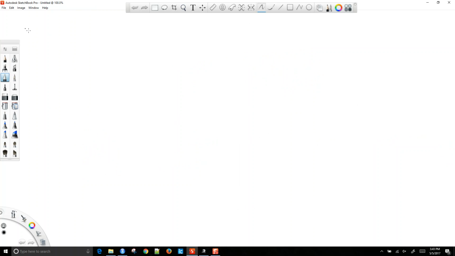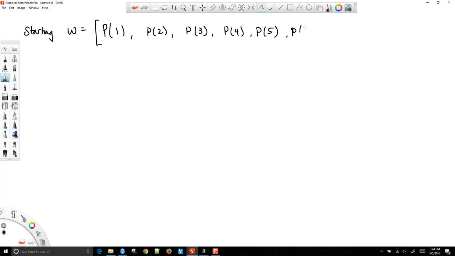So if my starting W is equal to the probability of 1, the probability of 2, and so on, so if this is the target distribution, and I multiply W times the transition matrix, the resulting thing is going to be the same as our starting W.